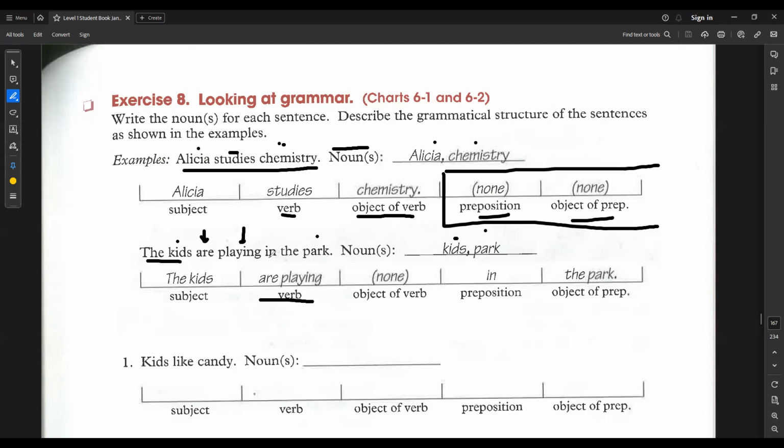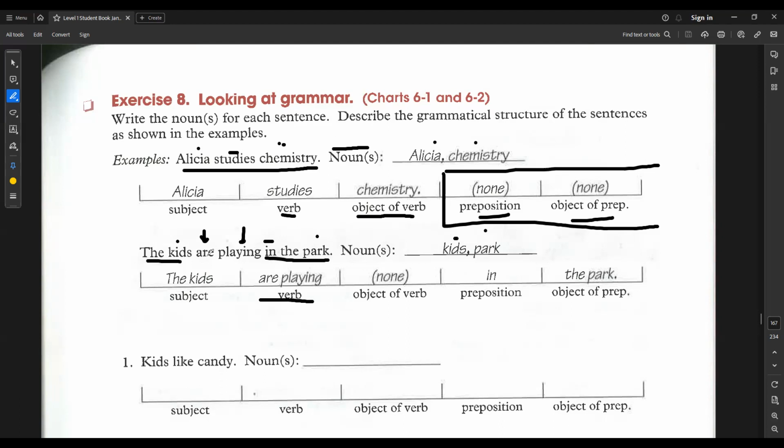And then we have this part, we have an adverbial, right? Tenemos un adverbio. ¿Es un adverbio o es una frase de preposición? Es una frase de preposición porque tenemos in.